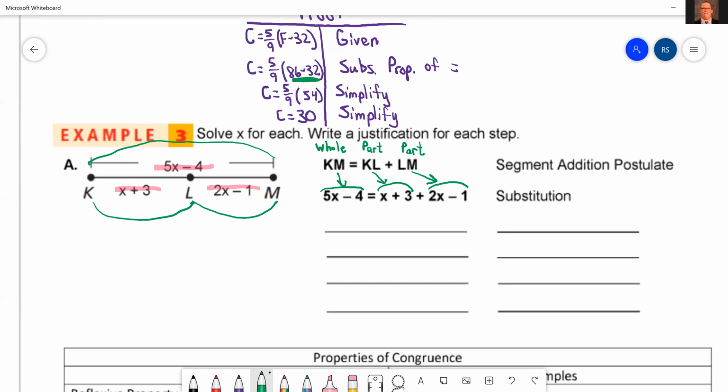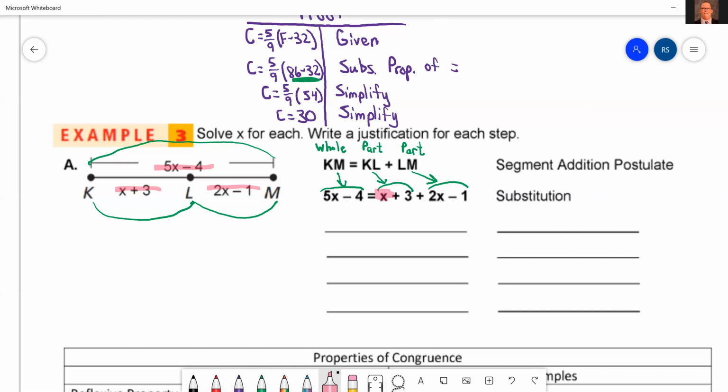So what's the first thing we could do? Well, I probably wouldn't start moving stuff yet. Because if I look over here on the right side, what do I notice? How many x's do I physically see on the right side?